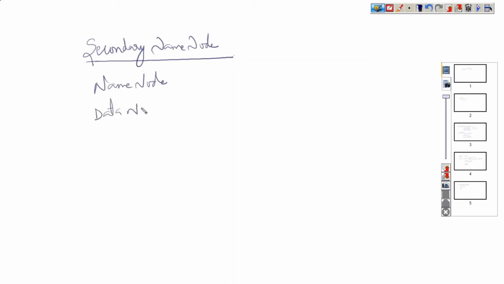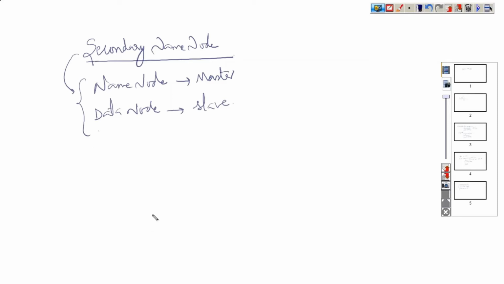The NameNode is the master process and the data node is a slave process. We have been discussing only these two all these days. Now let us involve the secondary NameNode in our discussion.